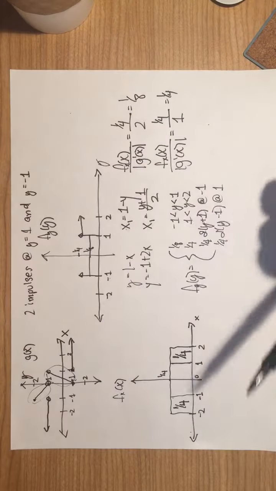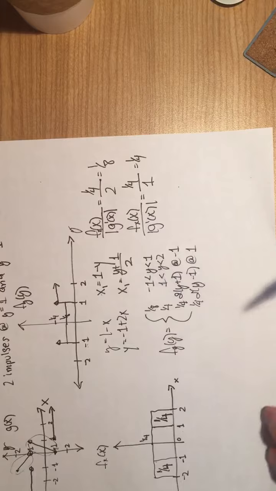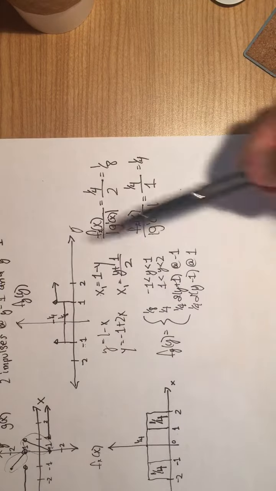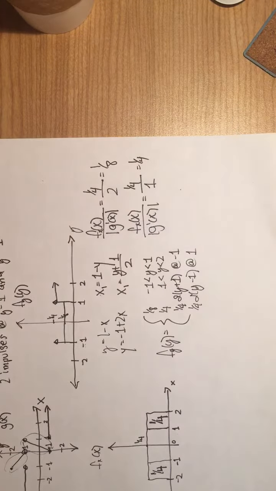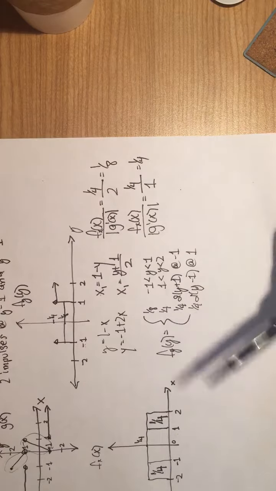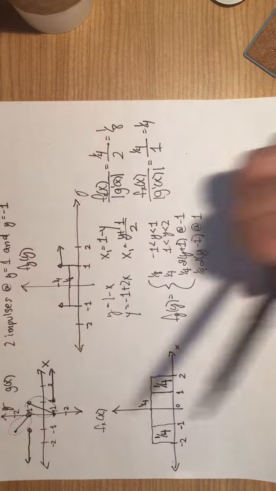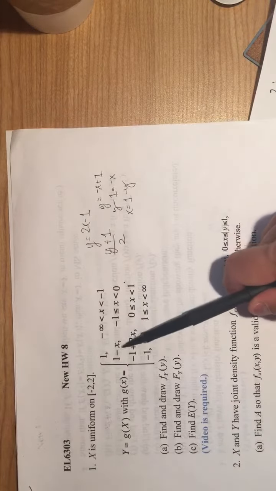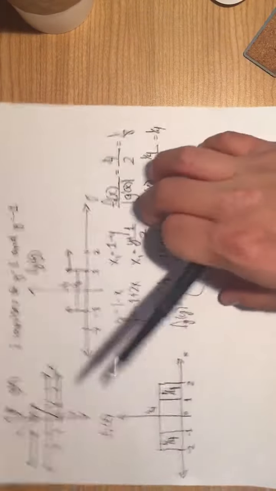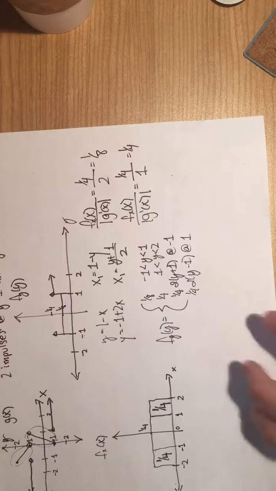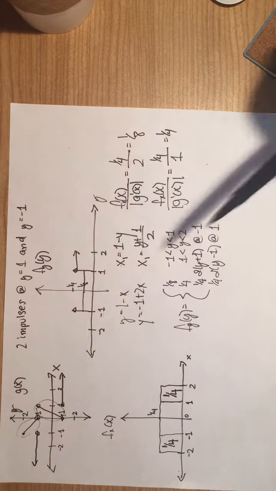Everything in between, you need to use the fundamental theorem to find. You have your f of x over the absolute value of g prime of x. Your f of x is 1/4, no matter what. To find g prime of x, you go back to the original problem. Right here the slope is -1, right here the slope is 2. So g prime of x is the slope of those lines at those intervals.